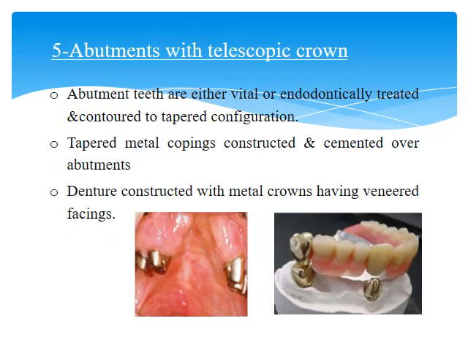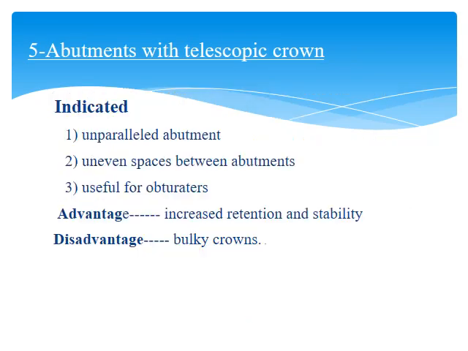Abutments with telescopic crown. Abutment teeth are either vital or endodontically treated and contoured to a tapered configuration. Tapered metal coping is constructed and cemented over the abutments. Denture is constructed with metal crowns that are veneered.